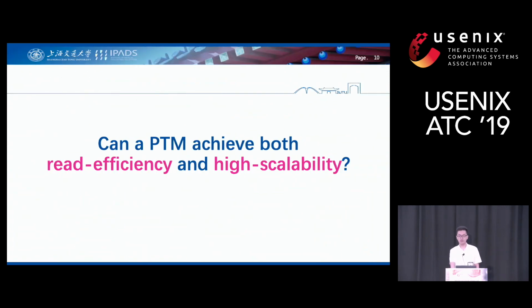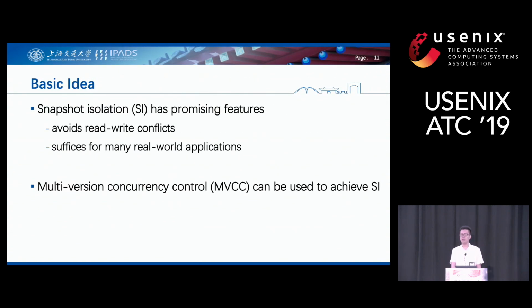So overall, it is challenging to design a PTM system that insulates readers from being affected by the high NVM persistence overhead while simultaneously avoiding overly constrained persistence ordering. We notice that snapshot isolation can avoid read-write conflicts and suffices for many real-world applications, which makes it possible to design a PTM that allows a transaction to persist its logs in the critical path instead of in the background, while hiding the high persistence overhead from concurrent read operations.